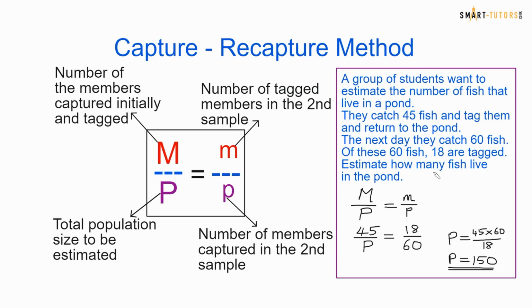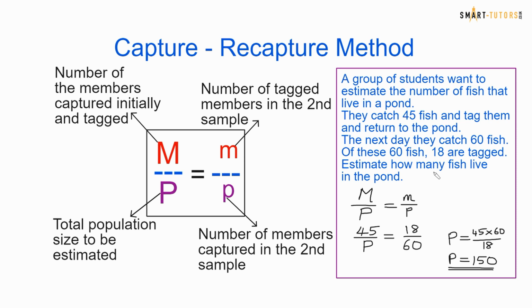This is the theory, the capture and recapture method. The only equation you need to remember is capital M over capital P equals small m over small p. The capital M means the number of members captured initially and tagged. Capital P is the total population size to be estimated, so this is the question mark we need to find.